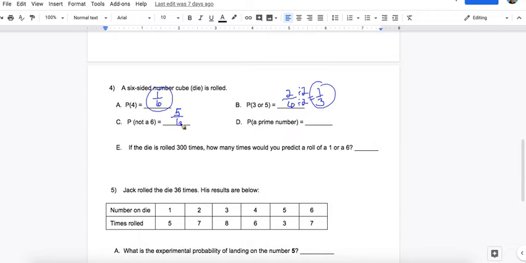Okay, and another thing I probably should have told you is you can actually write these out so you can see them a little better, and I'm going to write it out for this last one. Okay, a prime number. Remember, prime numbers only have factors of 1 and itself. Well, 1 can't be prime because it only has one factor. It's got to have factors of 1 and itself.